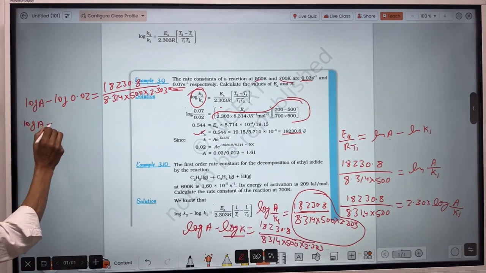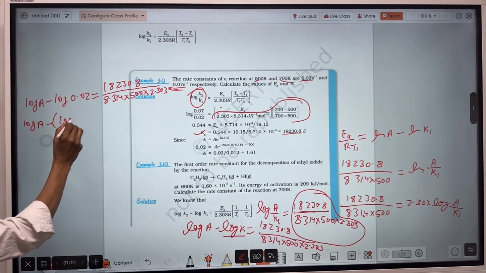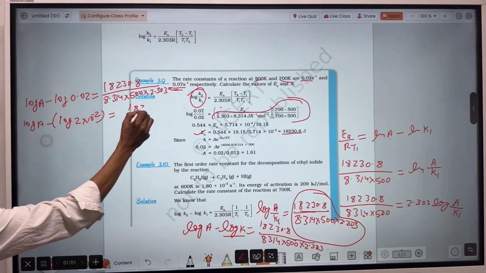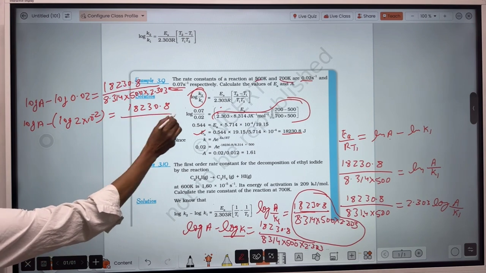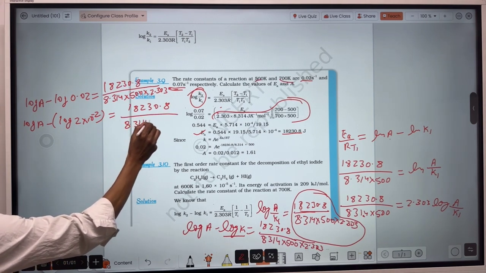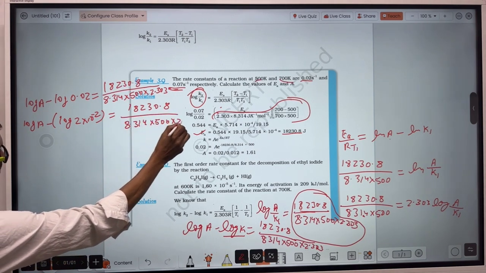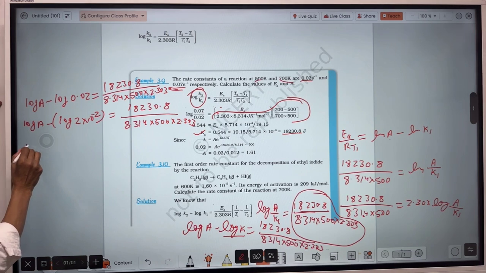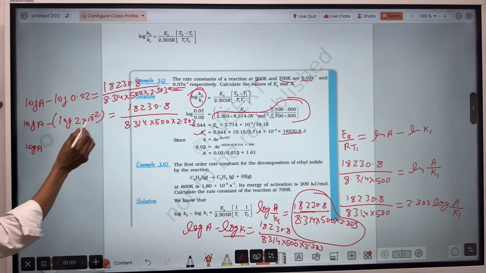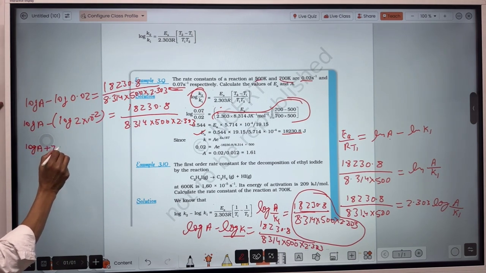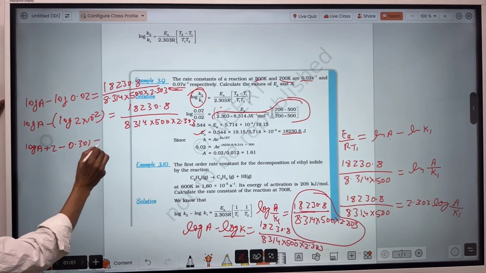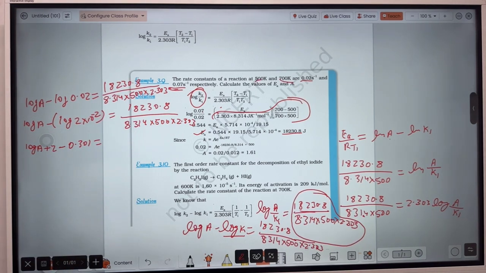So log A minus log 2 into 10 power minus 2 will be equal to 18230.8 upon 8.314 into 500 into 2.303. Simple calculation it is here, nothing more. So log A minus 2, and minus 2 plus 2 minus log 2 will be 0.301.